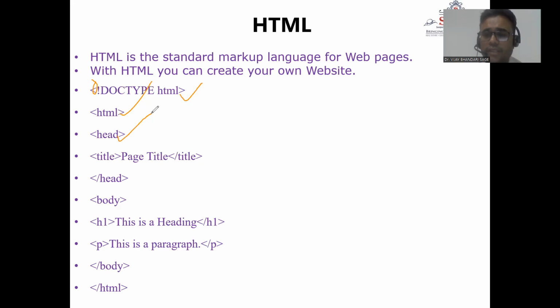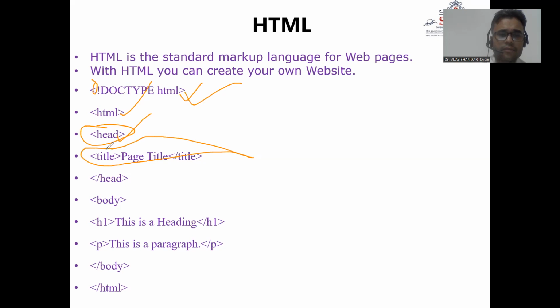The W3C consortium maintains HTML and is the current maintainer of the CSS standards, and has encouraged the use of the CSS standards. Here you can see the document type, that is HTML. It will be closed with the angle bracket. Then we have head, and then we move to the title.